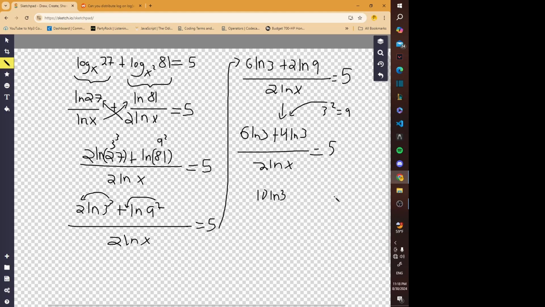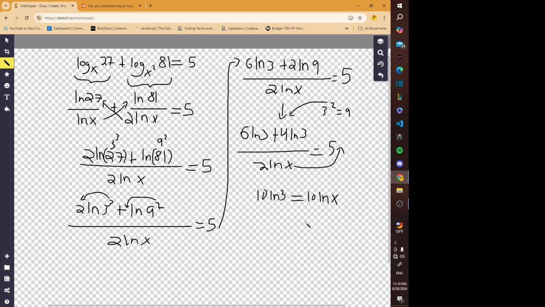And in order to isolate for x on this side, I know that I'm going to need to multiply this over to here. So that is going to equal 10 ln x. Alright, because I multiplied this over to this side, and this 2 was combined with this 5 to make 10.